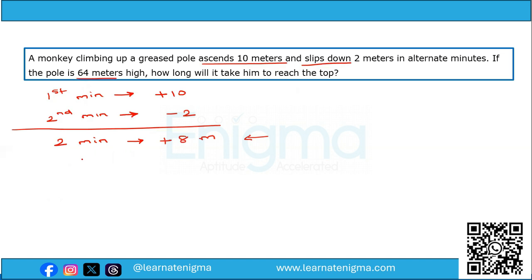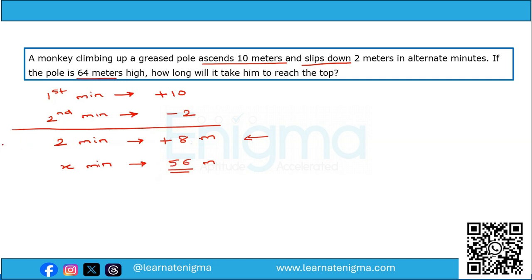So even if 64 is a multiple of 8, do not find out directly the time required for 64 meters. That will be wrong. So over here, we have to take the multiple of 8, which is less than 64. So that's why we take here 56.